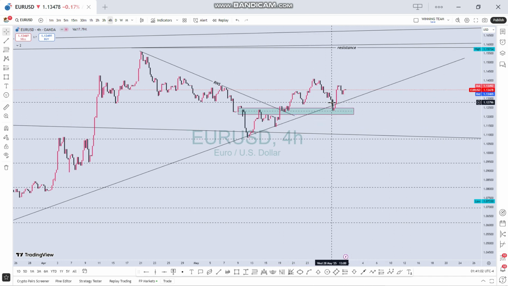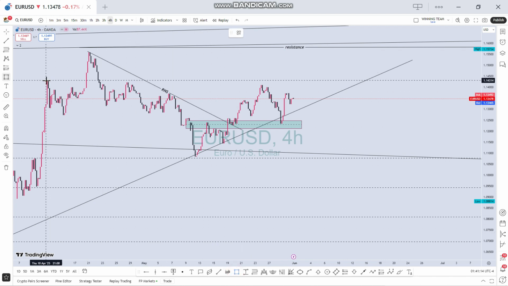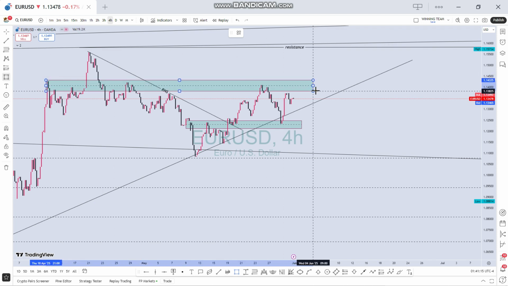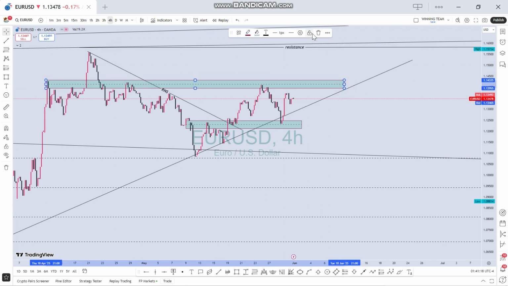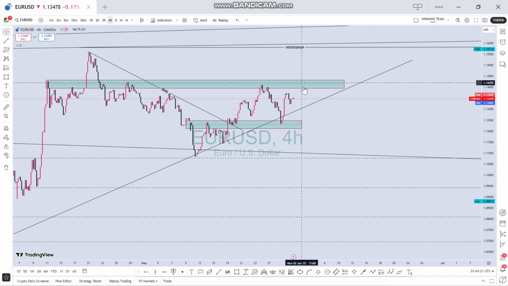Okay, so at this point, I can say Euro USD has two things to be on the lookout for. We have a strong resistance up here, with this strong zone up here. So for it to be fully into a buying momentum, we might need to break above it.